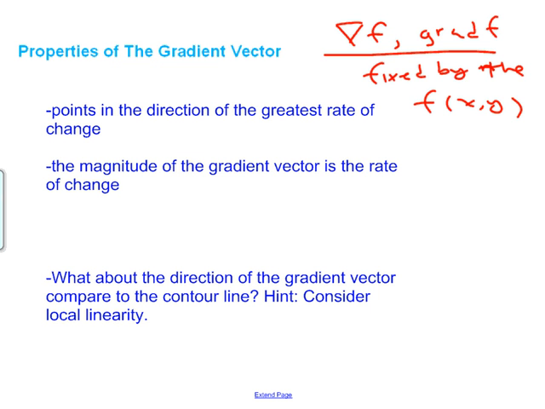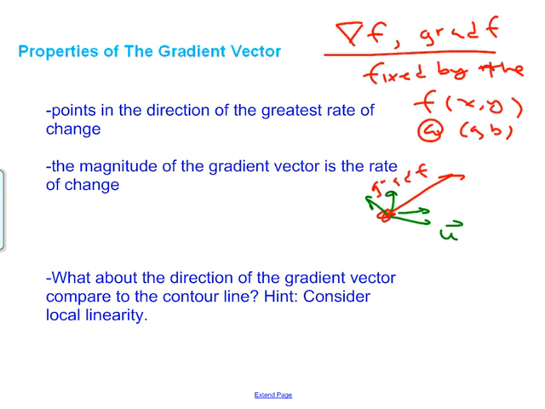So at some point (a, b), there will be some grad f vector. Our u vector can be in this direction or that direction or that direction, so I could talk about the rate of change in any of them.